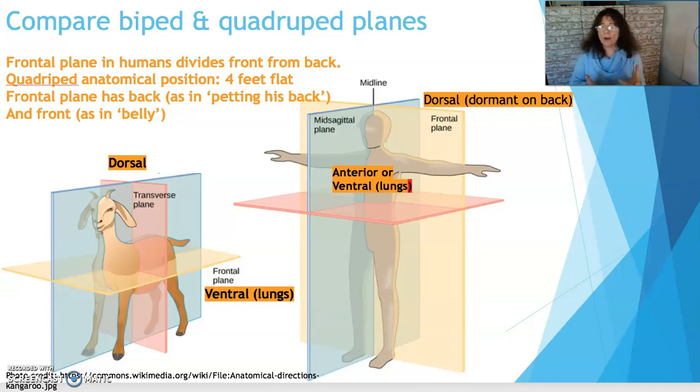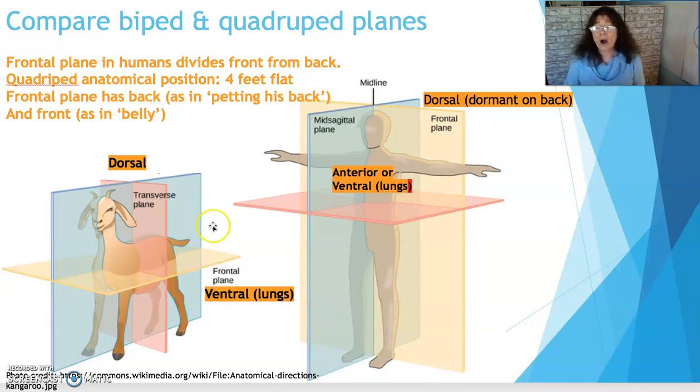When it comes to quadrupeds, we are still talking about the back, and we are still talking about the ventral area as being where the lungs are. And in doing so, for a quadruped that has all 4 feet on the ground, that turns a bit, but it's still the same relationship of the words.